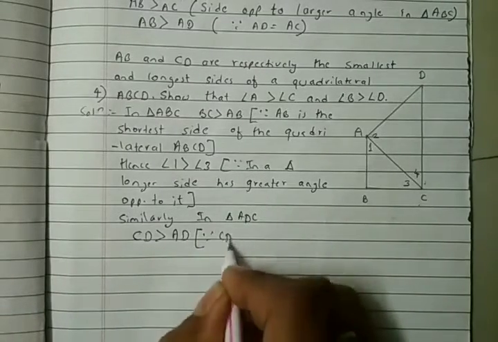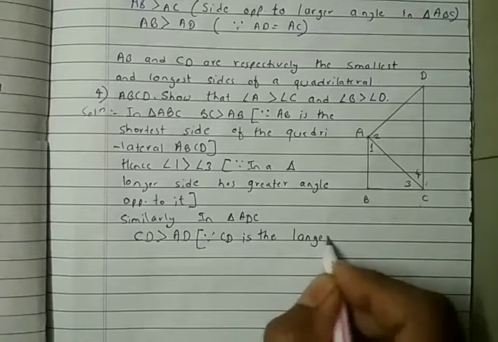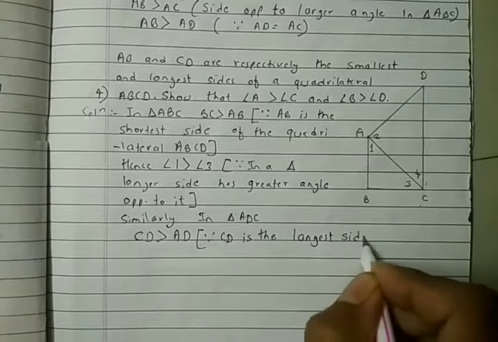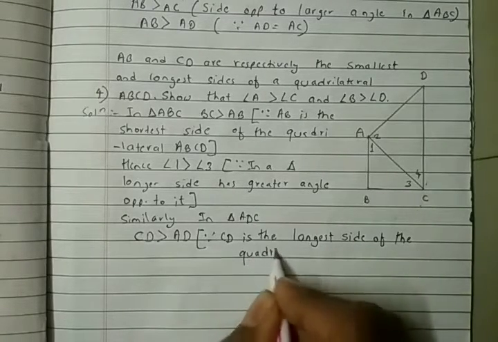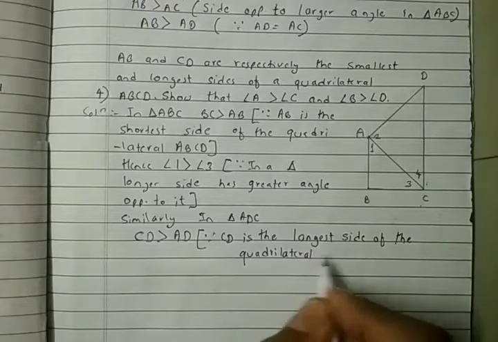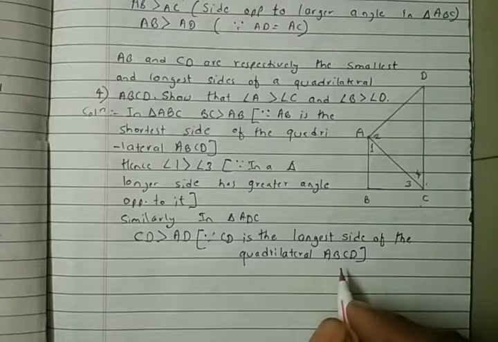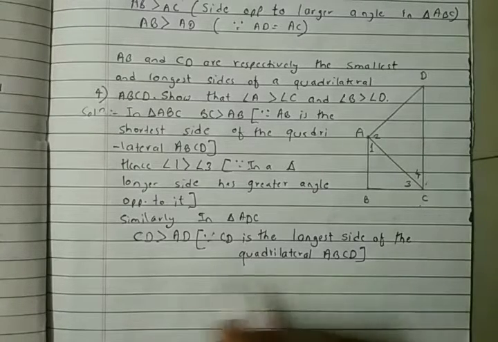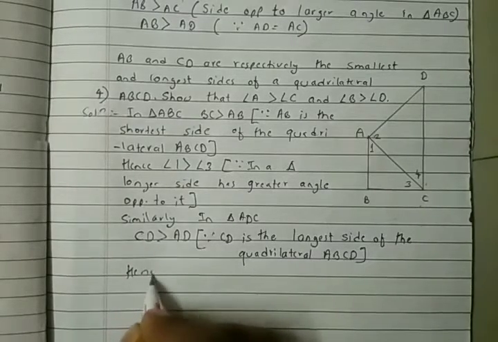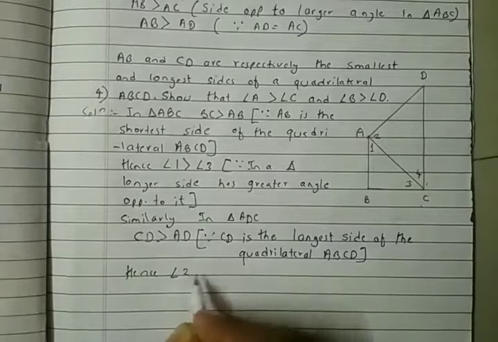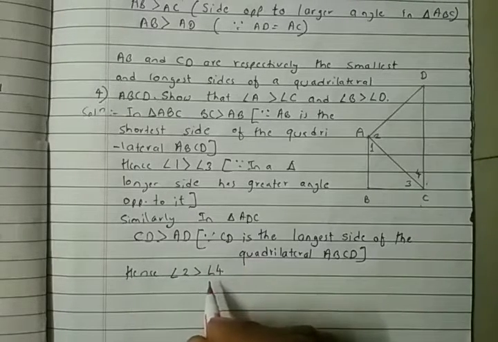Because CD is the longest side of the quadrilateral ABCD. Okay. Now you can say that hence angle 2 is greater than angle 4. Okay.